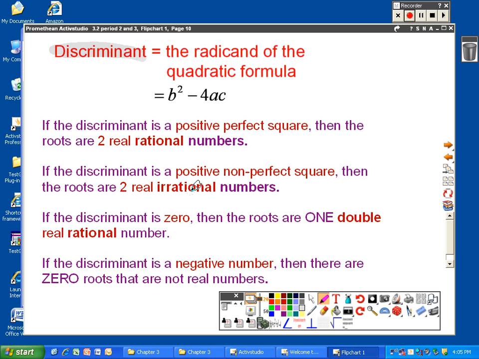If the discriminant is 0, then I had one root, a double root. When it was negative, I had no real numbers. No roots.